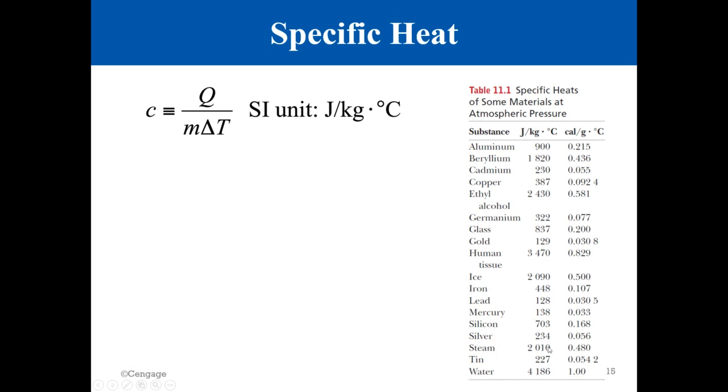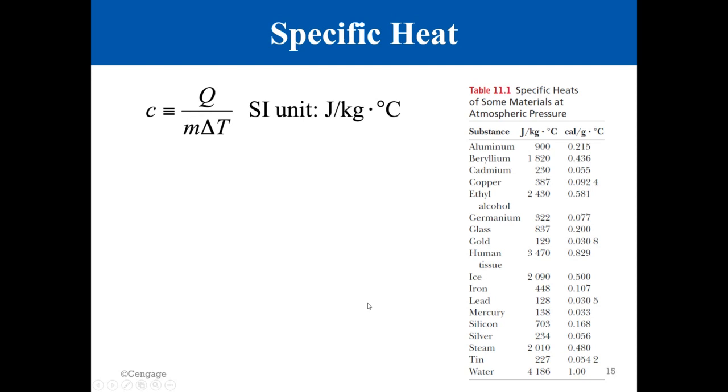Steam is a gas, and again, it has its own specific heat, 2010. Gold, 129, very small. This means you will require little energy to change the temperature of gold by 1 degree.